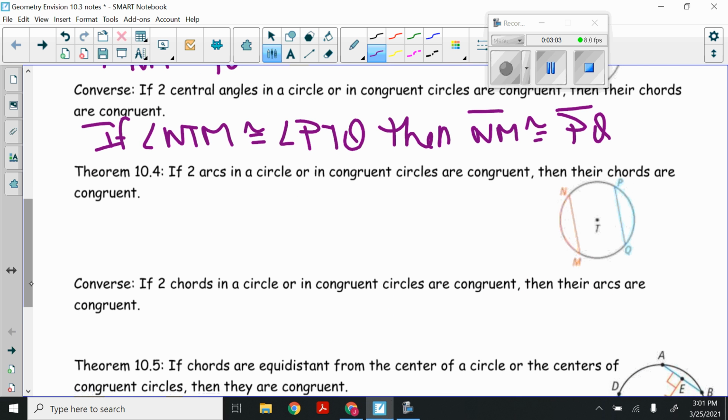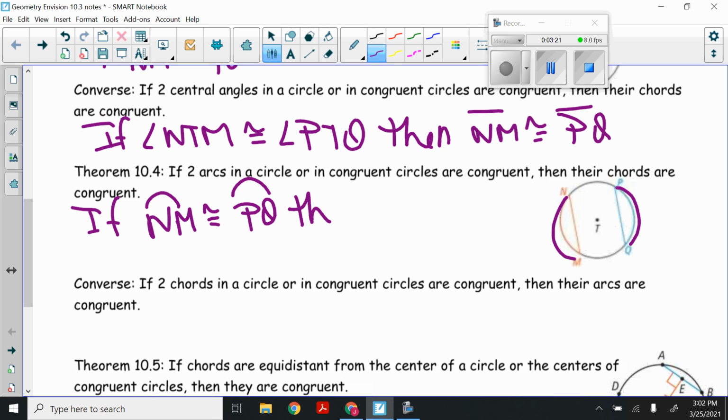The next theorem we want to talk about: if two arcs in a circle or in congruent circles are congruent, then their chords are congruent. So if arc NM is congruent to arc PQ, then segment NM is congruent to segment PQ.